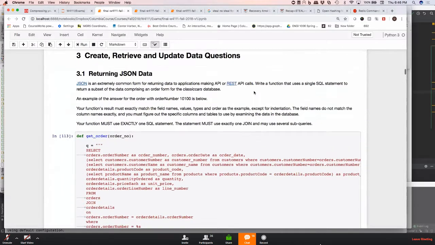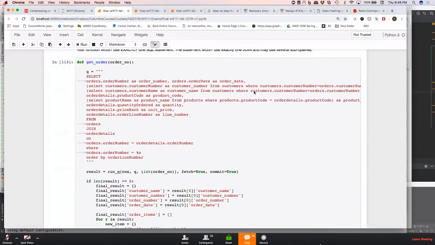So get order. This is the query that does that. It's literally joining order and order line, or order details. So I just join order and order details on order ID.